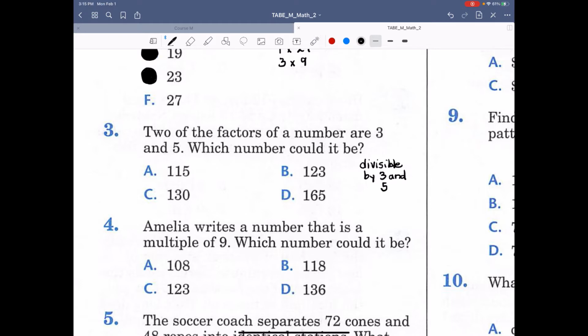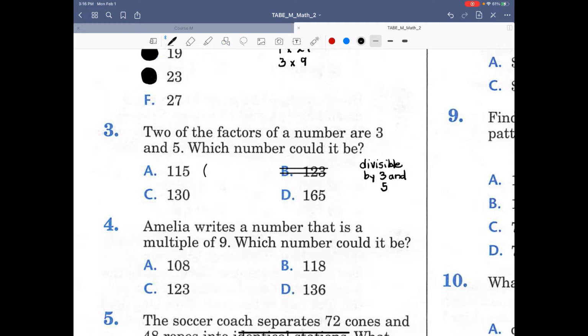Now, B I can eliminate because it is not divisible by 5. For 5, you have to end in 5 or 0. So B is not divisible by 5. But these other 3 do have 5s and 0s on the end. So let's test them for 3. And remember, for divisibility by 3, you do the sum of the digits.